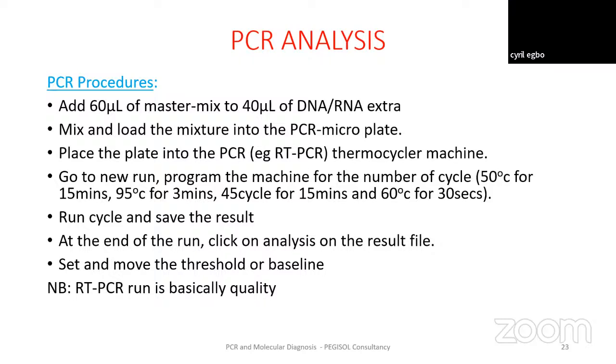You first of all see 50 degrees centigrade, 50 to 56 degrees centigrade. The reason for that is where annealing occurs. Annealing, in the sense that because RNA is a single strand, there's a need for reverse transcriptase enzyme to be added so that they can transcribe it to DNA.